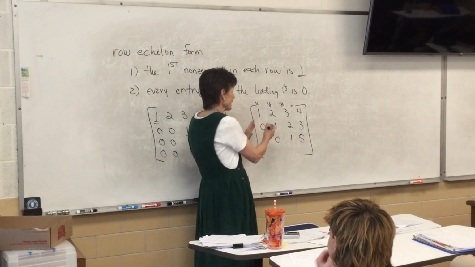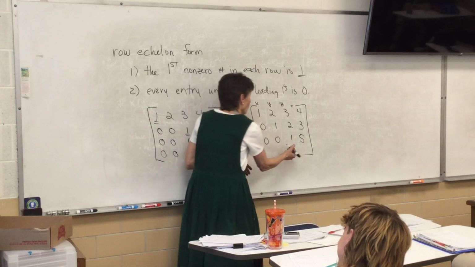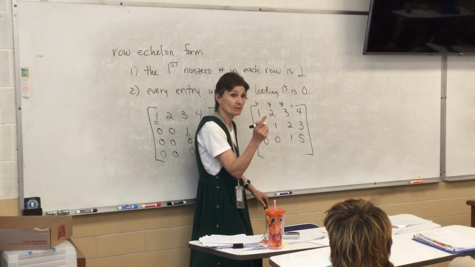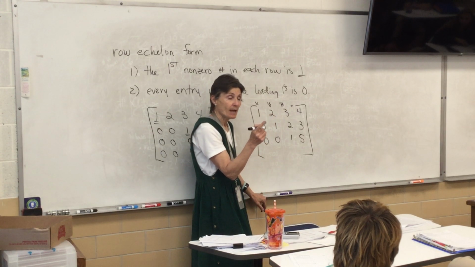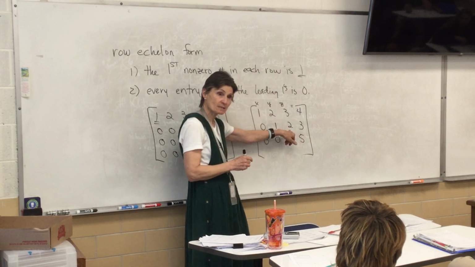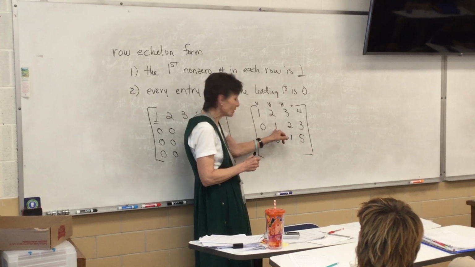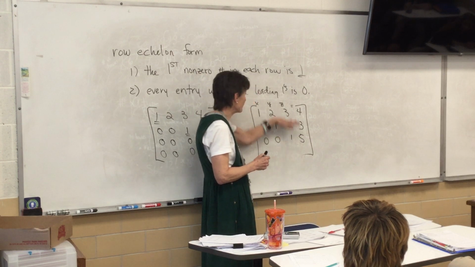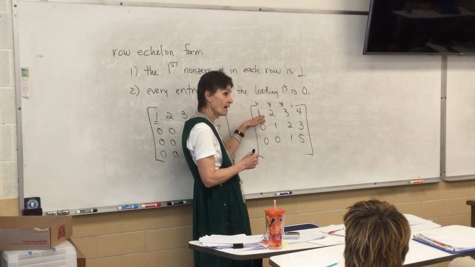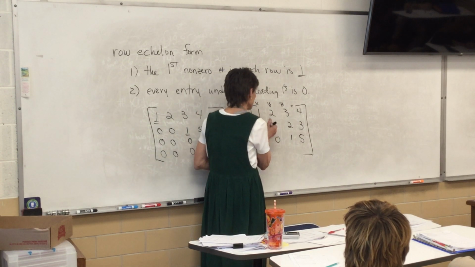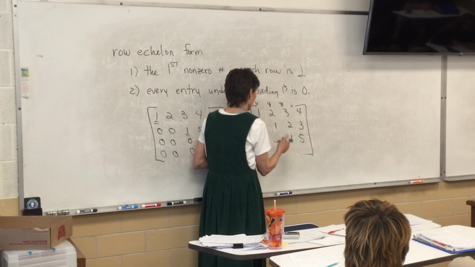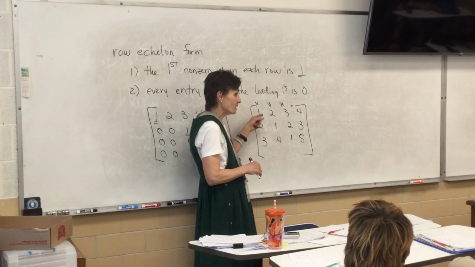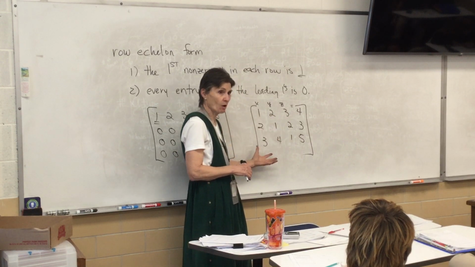But if we can get it into echelon form, what does this bottom row now say? z equals 5. And if we know z is 5, can we back up here and find y? And if we know y and z, then we can back up and find x. Now, in the matrix's original form, I'm making this up totally, you can't look at this and solve it, right?